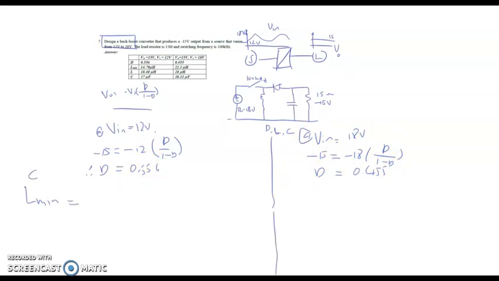So next we try to find out the minimum. We assume that this design is to be conducted under continuous current mode. So try to find out the minimum component for L to make sure that this system operates under CCM at all times. So L min is equal to (1 minus D) squared times R divided by 2F.